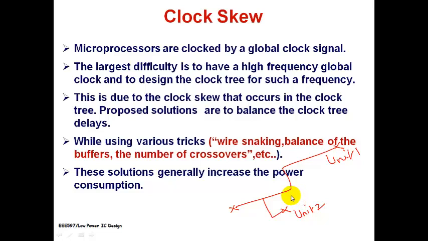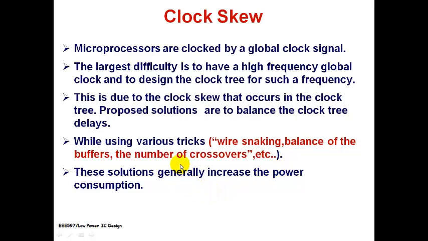In such a case, what I would do is, at this point I would add more buffers, and this would give sufficient push for this clock signal to reach early, so that by the time this signal reaches, the clock signal also would have reached unit 1. So unit 1 and unit 2 would now be working in order. That means I will be introducing these sorts of buffers on the way in the path of the clock itself. So this sort of balancing using buffers is possible.